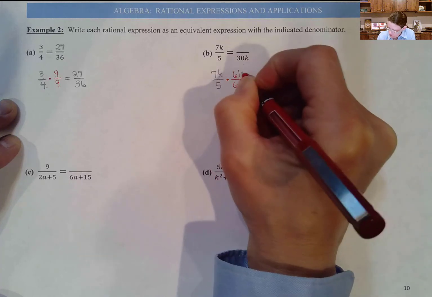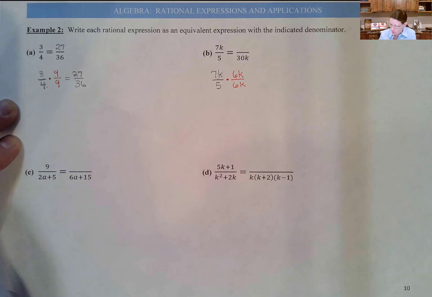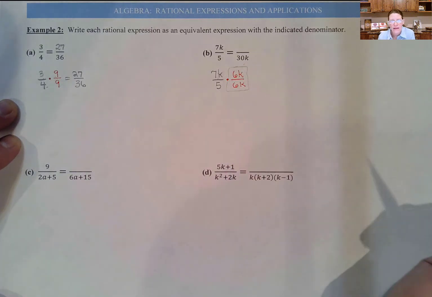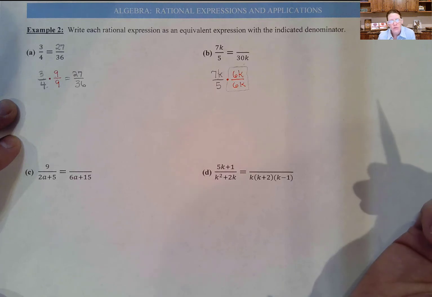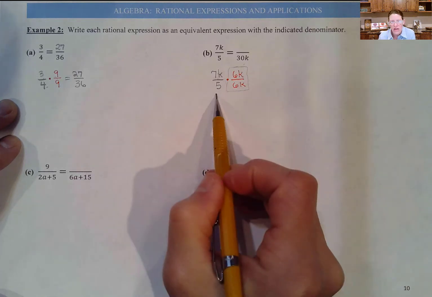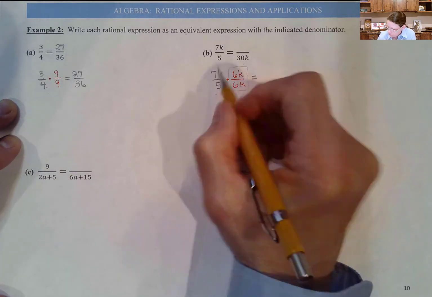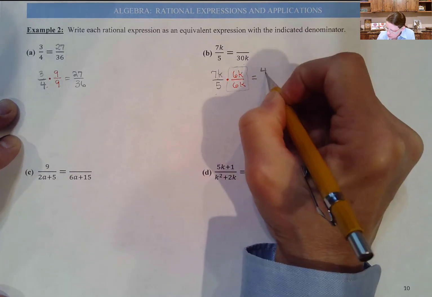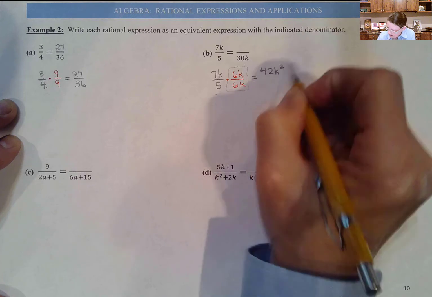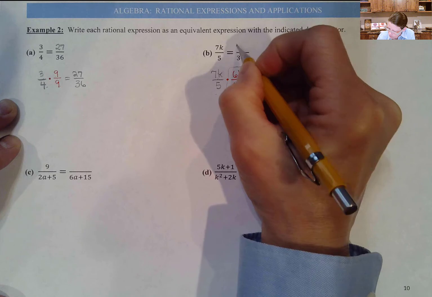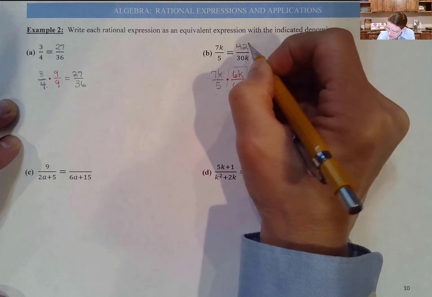Do the same thing to the numerator because we're multiplying by 1, aren't we? Okay, this fraction in red has a value 1. So we're not changing the value of our fraction, we're simply building it up and changing the way that it looks. Multiplying, we obtain 42k squared over 30k. Therefore, our numerator above must be 42k squared.